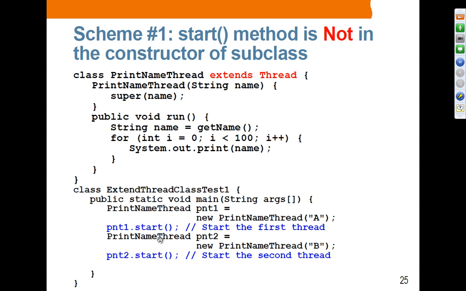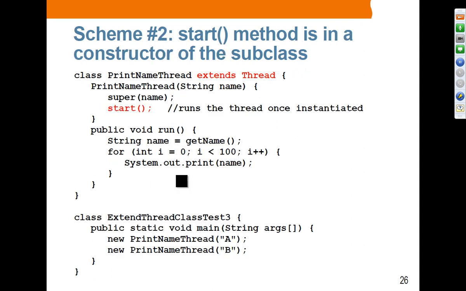As I said before, you cannot call the run method directly on your object. You have to call the start method, and this start method will eventually call the run method. The reason is that the start method has to construct some kind of environment first, and then it will call the run method. So this is scheme number 1.